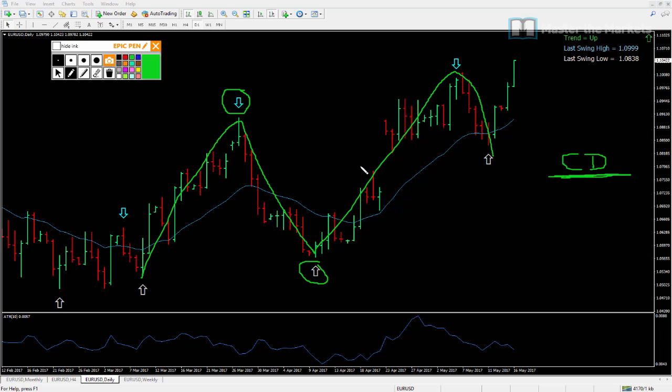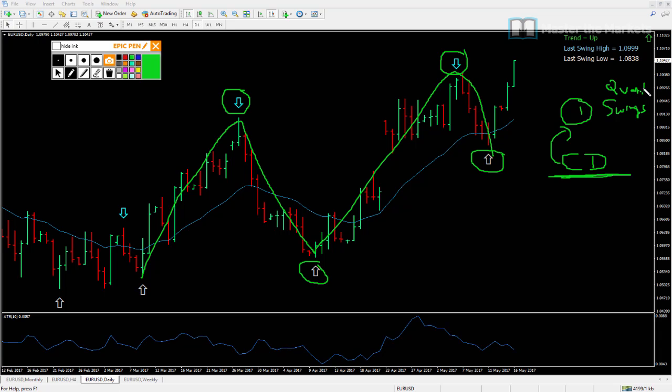This is why at Master the Markets we have the smart money indicator, which is purely based on price, not a price derivative based indicator like 98% of indicators are, but purely based on raw price data. That's how it gets the swing high and swing low. Rule number one for measuring cycle depth: you must first quantify your swing highs and swing lows. So critical.